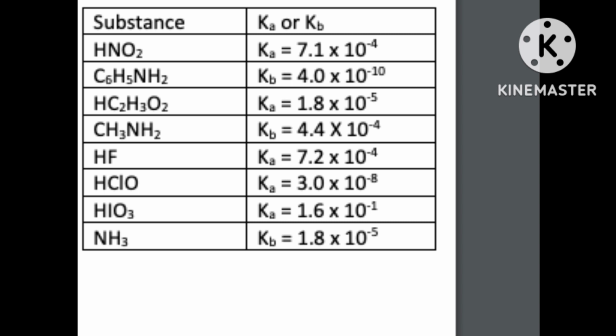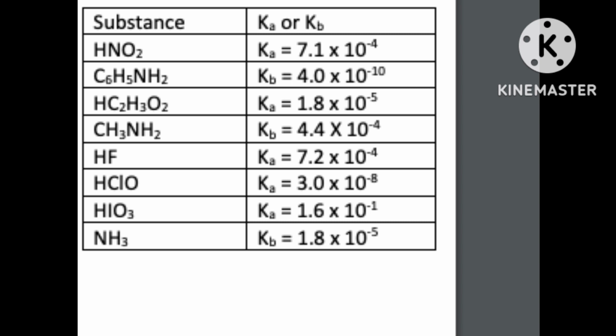It can be expressed in terms of the molar concentrations of the various species in equilibrium by the following equation. Kb is equal to the molar concentration of M plus times the molar concentration of OH minus divided by the molar concentration of MOH, just like Ka.